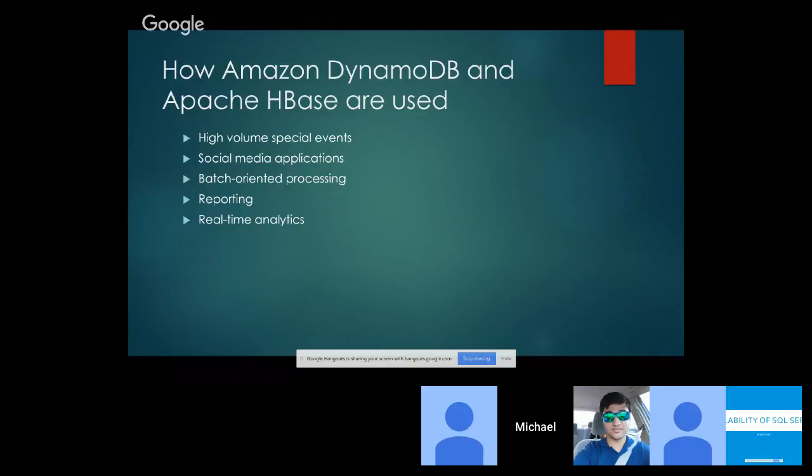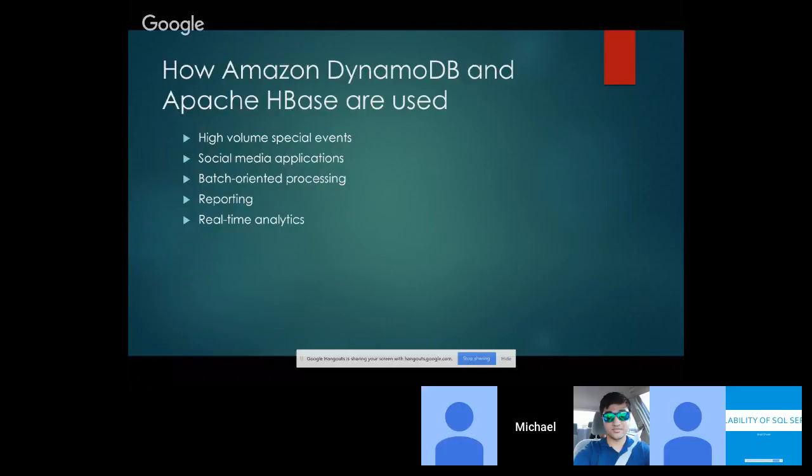Now, within the white paper that I read concerning their specific comparison, it gave specific examples of use cases and why these two NoSQL databases are added value.